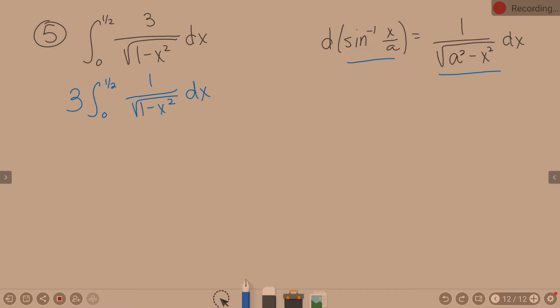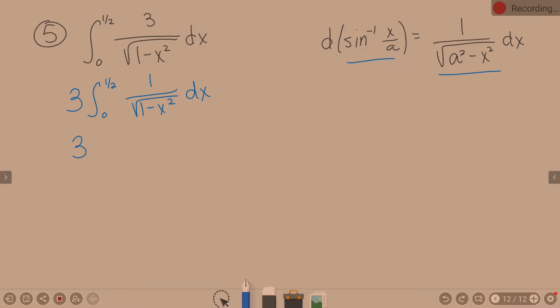Now, does that kind of match up better? You have to watch out. A constant on top can be factored out. It doesn't have to be left there. So the 3 out front stays.